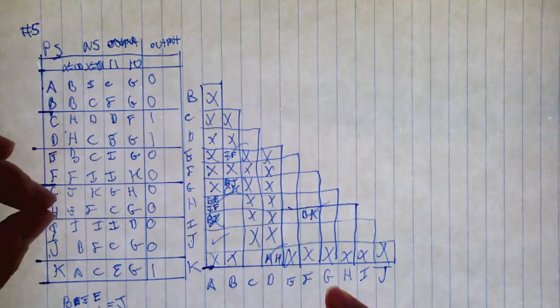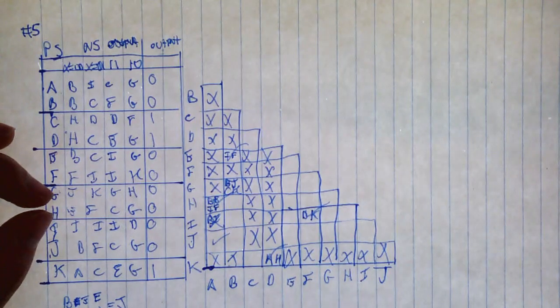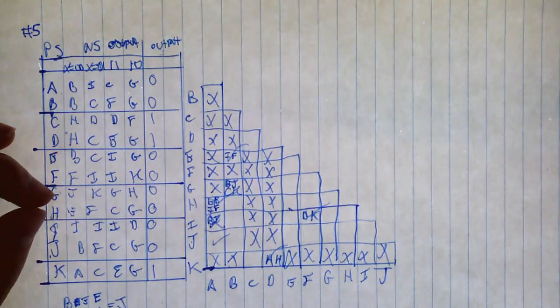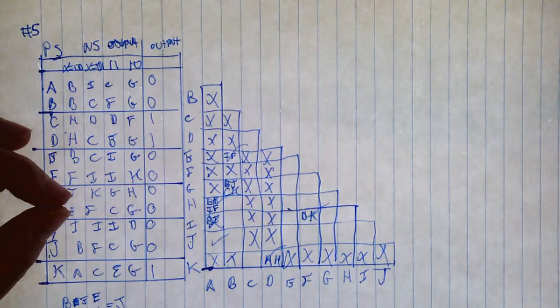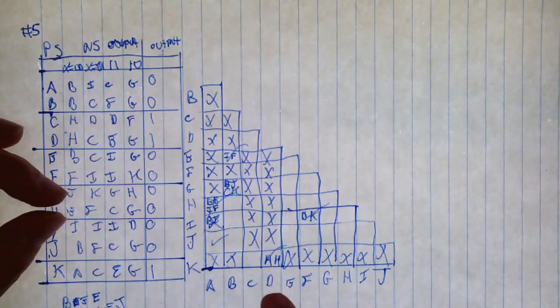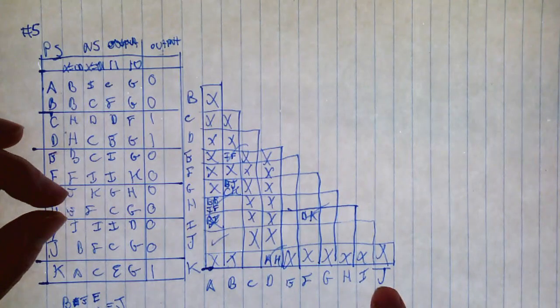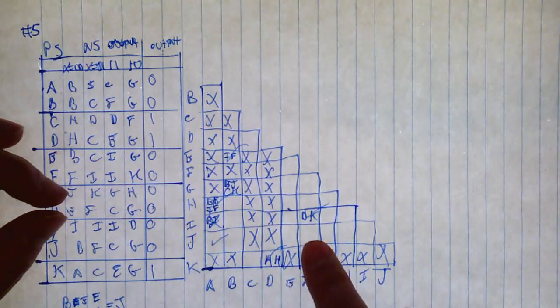How about G and H? That's for I and E. Isn't that right? Let's just make sure. Yeah. No, that's J and E. So let's look at J and E. J and E, we don't know.